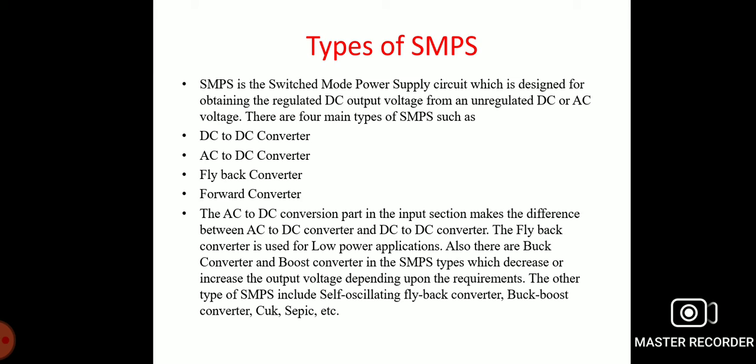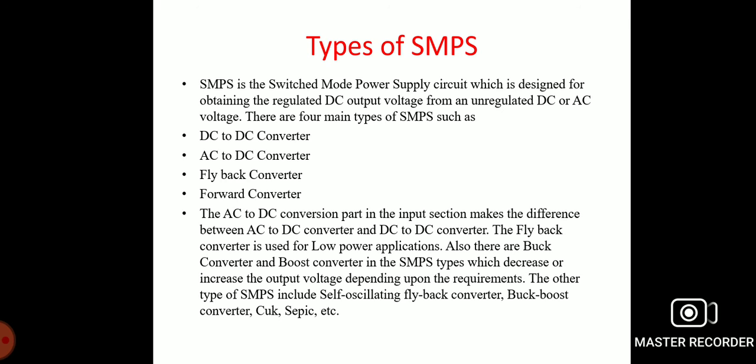There are four main types of SMPS: DC to DC converter, AC to DC converter, flyback converter, and forward converter. The AC to DC conversion part in the input section makes the difference between the AC to DC converter and the DC to DC converter. The flyback converter is used for low power applications.